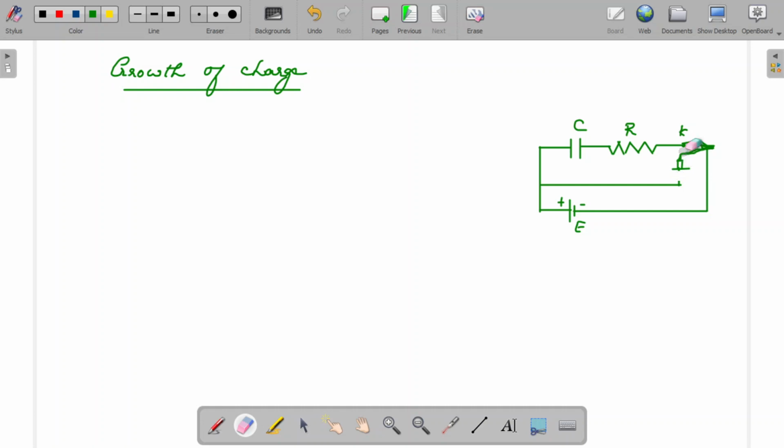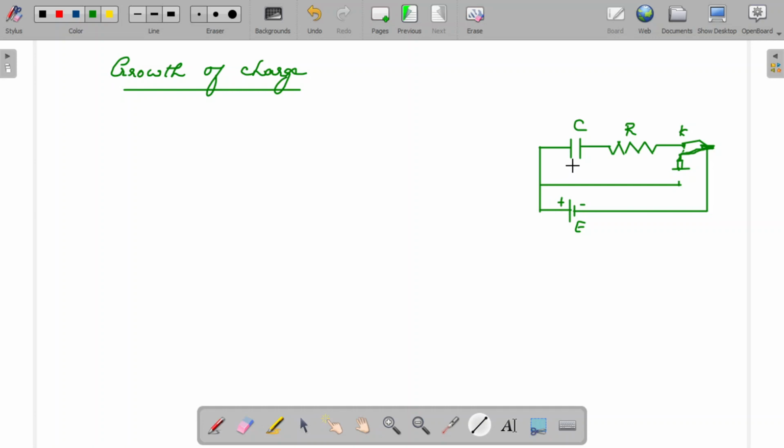That means the key will be in connection with this particular circuit, so now the current will flow through this particular closed circuit.